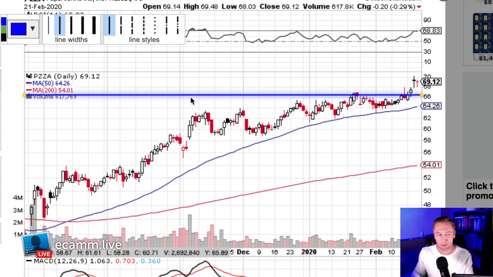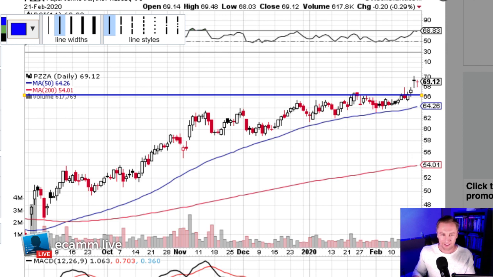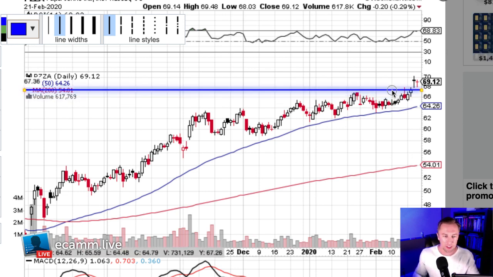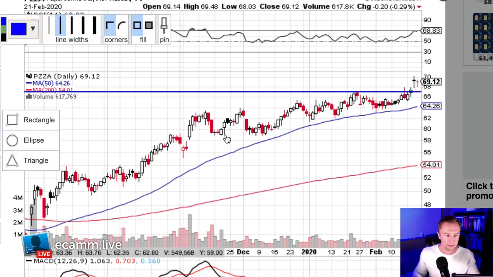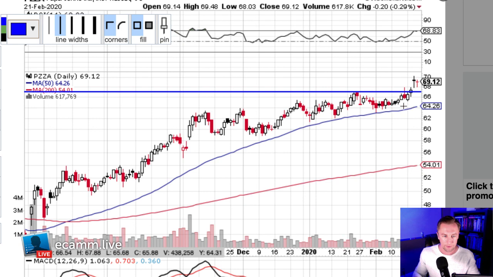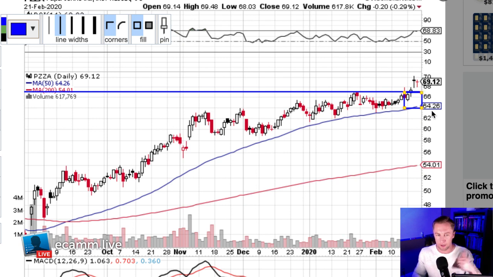So it looks like I would wait for just a little bit more of a pullback, maybe into this range, and then I would personally start getting in if I was going long, this range right here. Only because it'll allow me to get into a better price range by pulling back. And then you have this 50-day support, which has been pretty darn supportive.